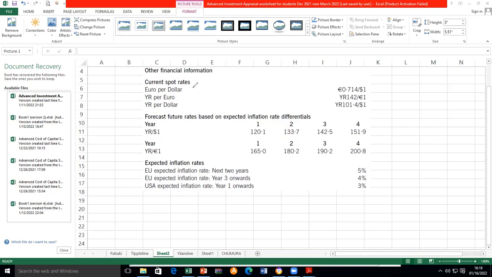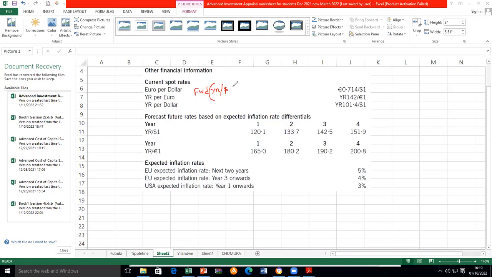So the forward rate. In this case, it's the rand on the USD.